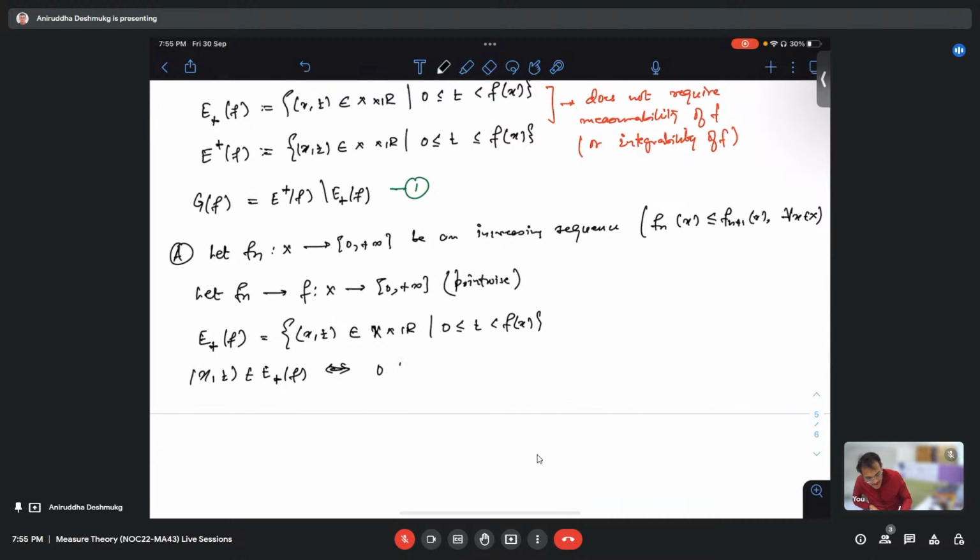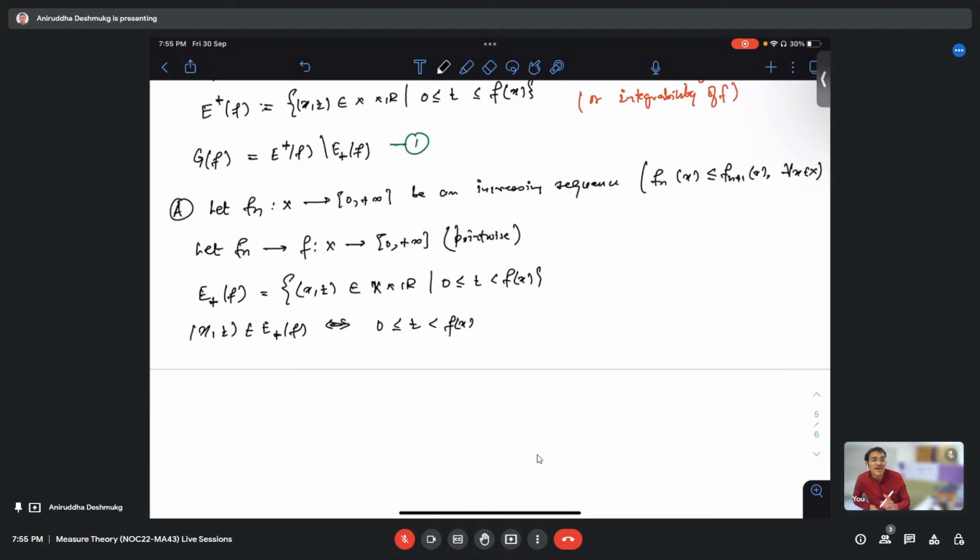Since t is strictly less than f of x and Fn is an increasing sequence that converges to f of x, therefore there is some n naught such that for each n bigger than or equal to n naught, f of x minus t is positive.